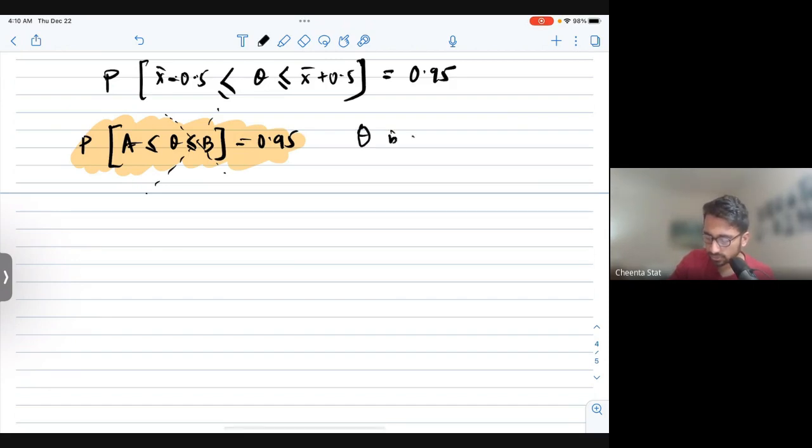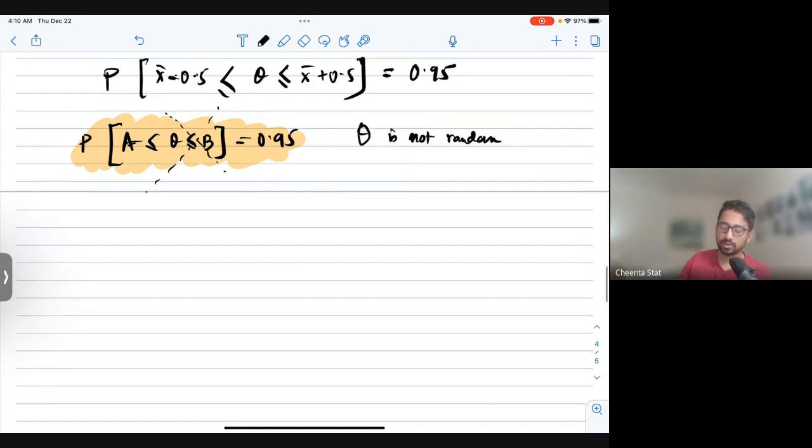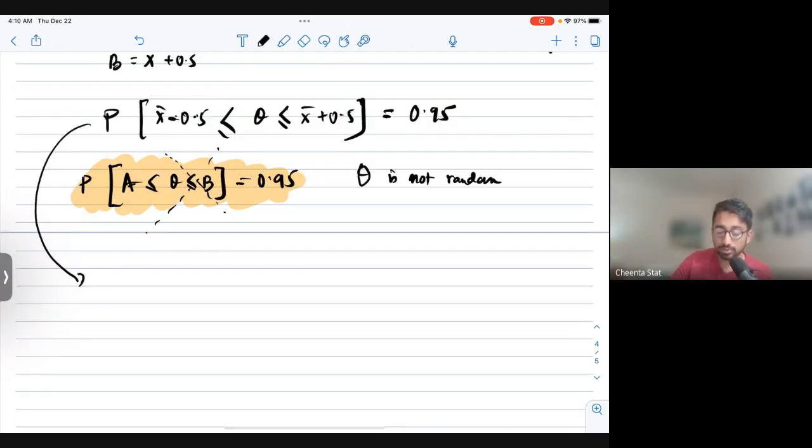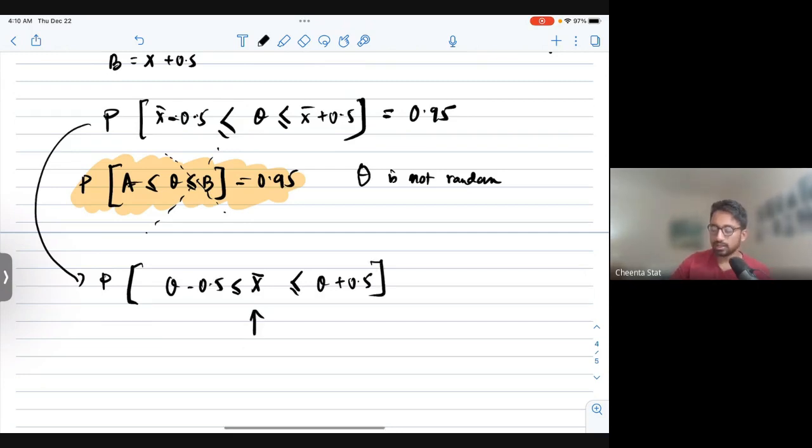Theta is not random. So this does not make sense. But what makes sense? If you rewrite this as x bar less than or equal to theta plus 0.5 and greater than or equal to theta minus 0.5, then this makes sense, because here x bar is a random variable. But the previous thing does not make sense, right?